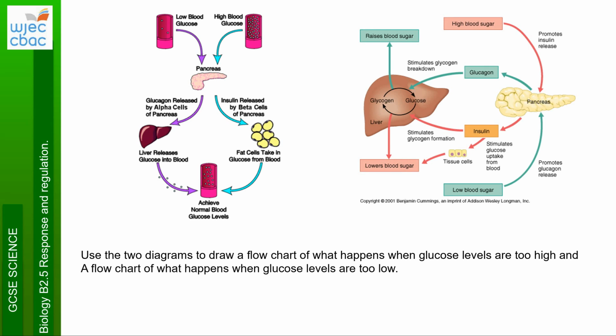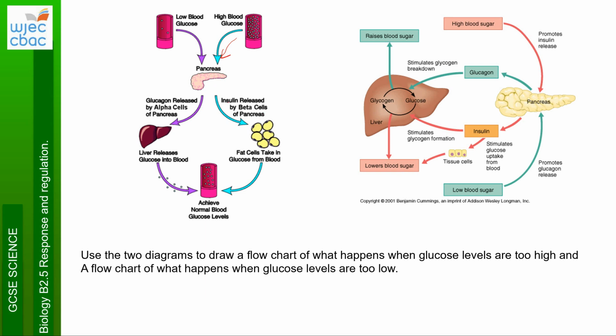So at the bottom of page 21, we've got two diagrams here which are showing you what is happening in the body in response to either low blood glucose or high blood glucose. So if we have a look at the first diagram, we've talked about high blood glucose levels. So you can see here, high blood glucose levels, information goes to the pancreas.